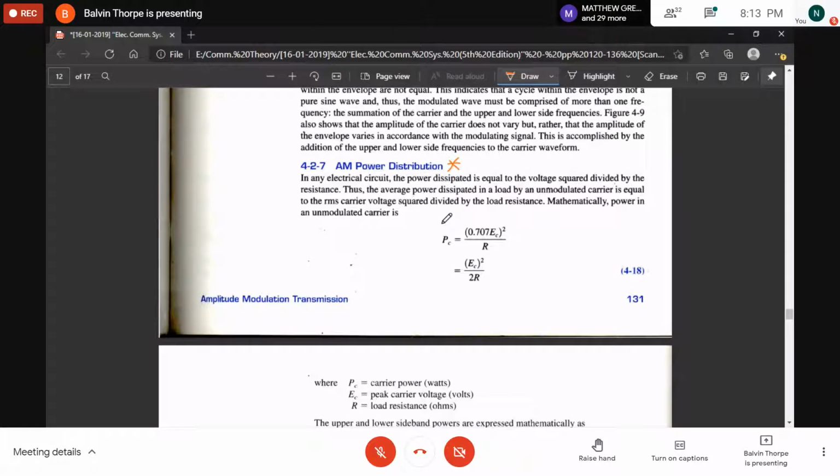So now that we're here, we're going to square the 0.707. So we square 0.707, we get a half.